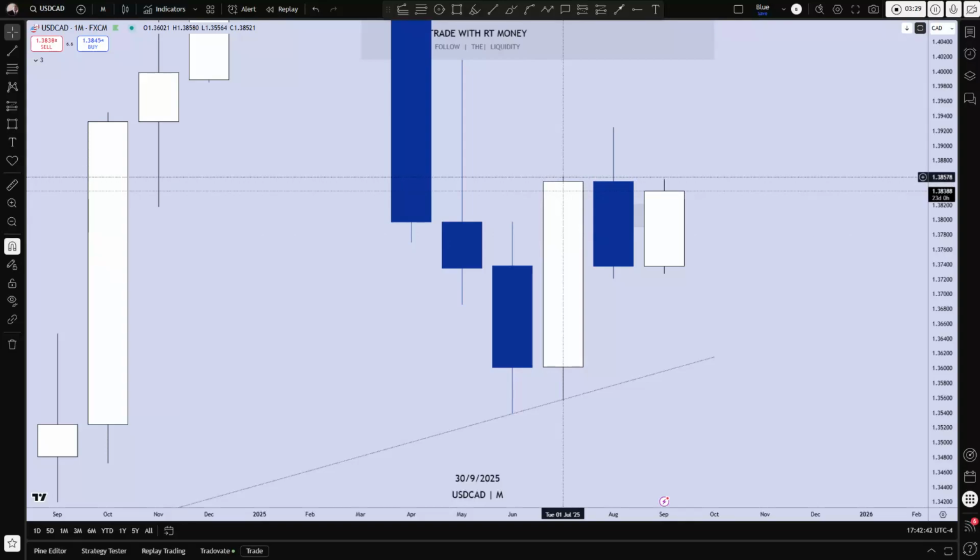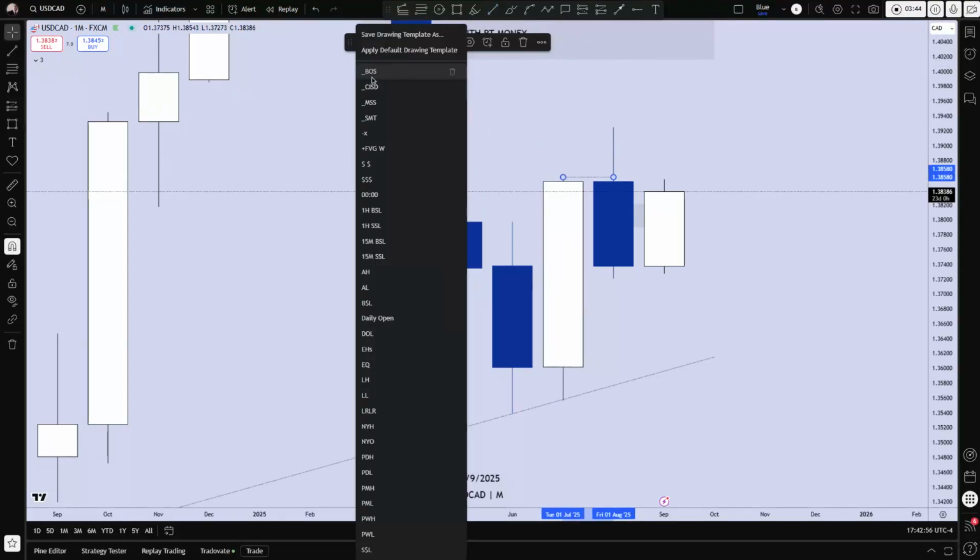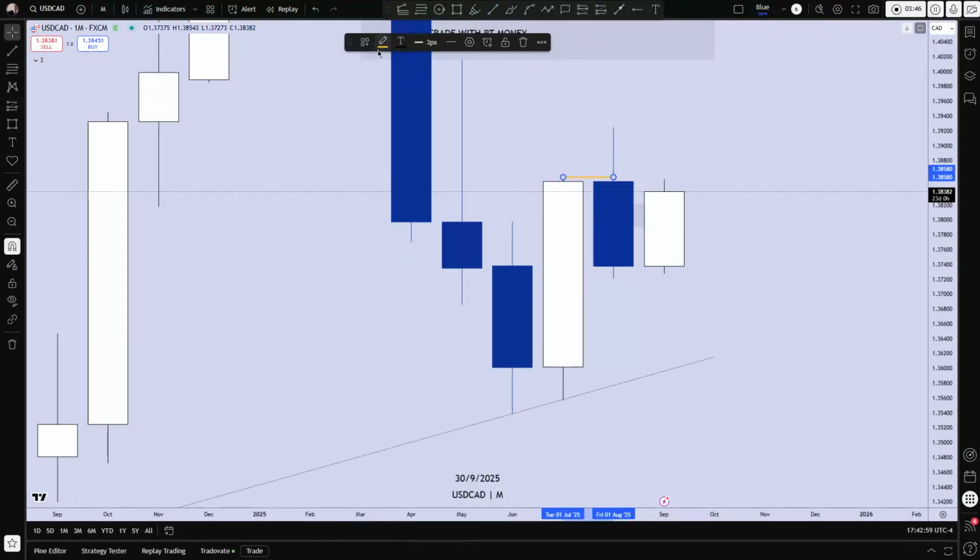We would trade towards this high with that next candle, which is what we did. Price opened, traded towards the high, took it out, and then we retraced.